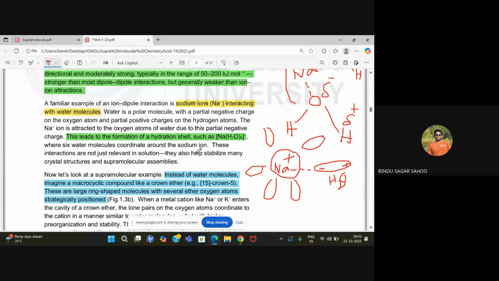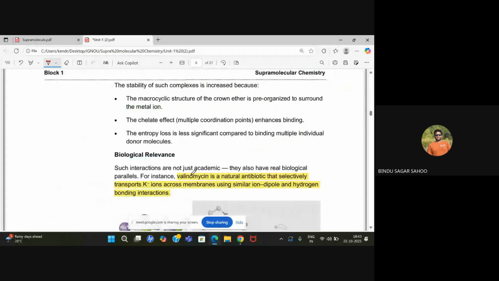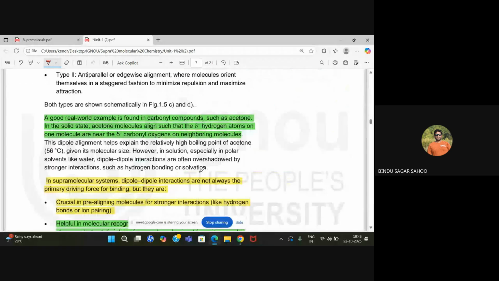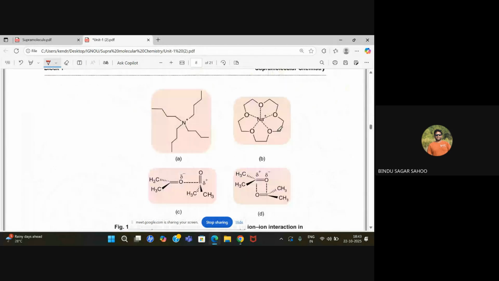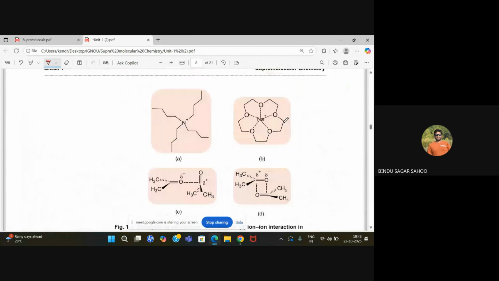Okay, so instead of water molecules, suppose you imagine another complex, a crown ether complex. This complex is called 15-crown-5. In the figure, you can see what the 15-crown-5 complex is.